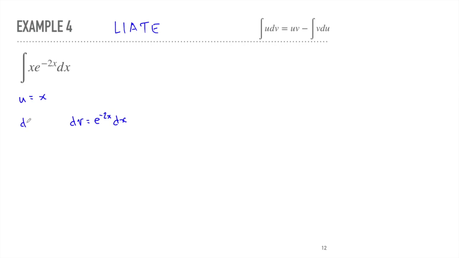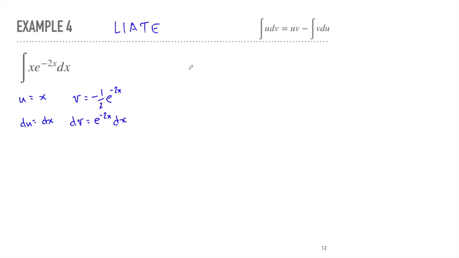Kunin natin si du. Dx lang siya. Kunin natin si v. Anong integral ng e raised to negative 2x? Pwedeng mabilis na u substitution para ang u natin, sa sub natin, negative 2x. This will be negative 1/2 e to the minus 2x.